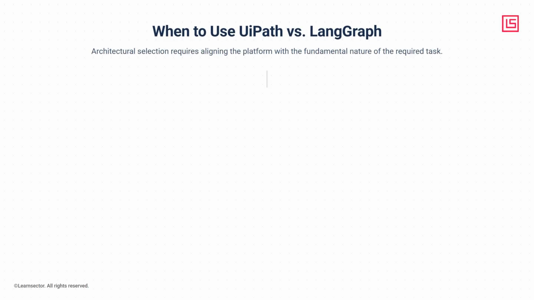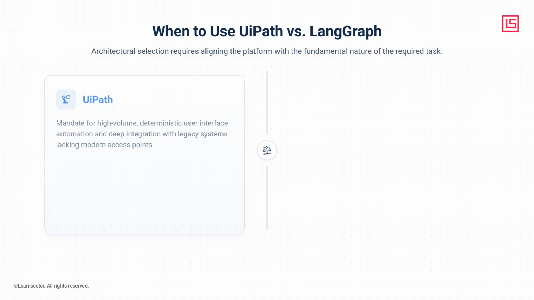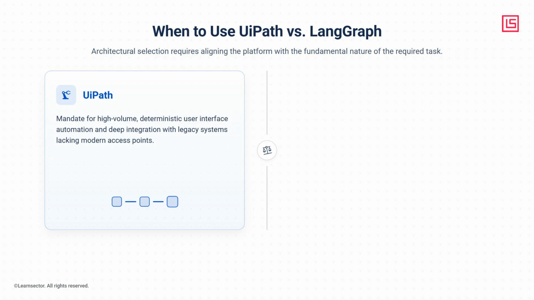Architectural selection requires aligning the platform with the fundamental nature of the required task. Mandate the use of UiPath for high-volume, deterministic user interface automation and deep integration with legacy systems lacking modern access points. When the process demands thousands of repetitive, rules-based clicks executed at high speed, traditional automation is unmatched.